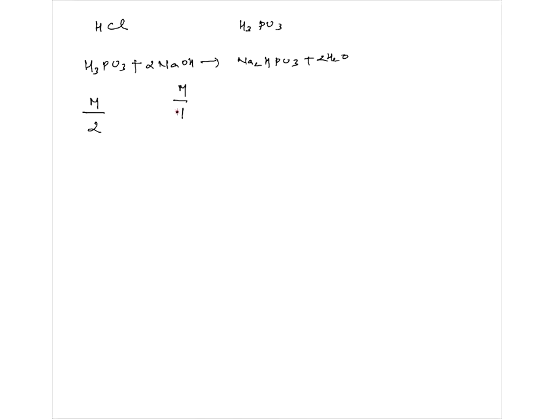For NaOH, it is 1 only. Acidity is 1 only. So m by 1. But you can come across cases like Mg(OH)2, Ca(OH)2. So that's how we handle acids and bases.